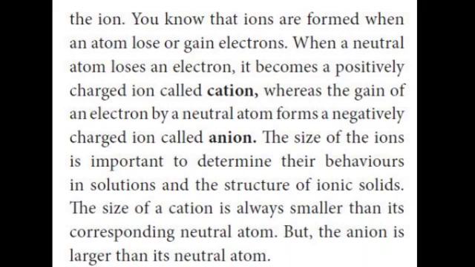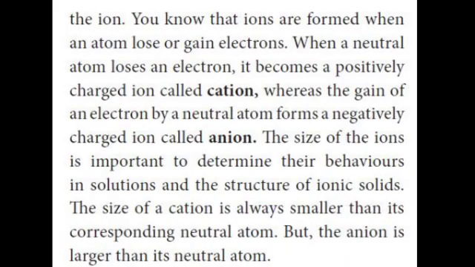The ions are formed when an atom loses or gains electrons. When a neutral atom loses an electron, it becomes a positively charged ion called a cation. The gain of an electron by a neutral atom forms a negatively charged ion called an anion.